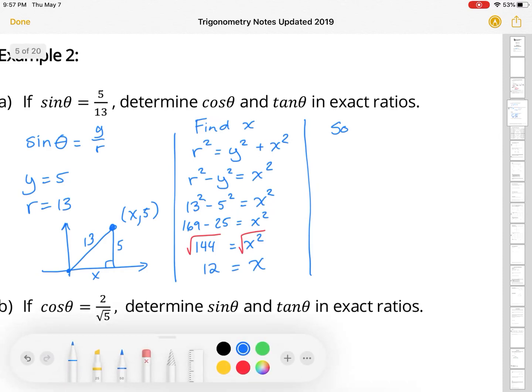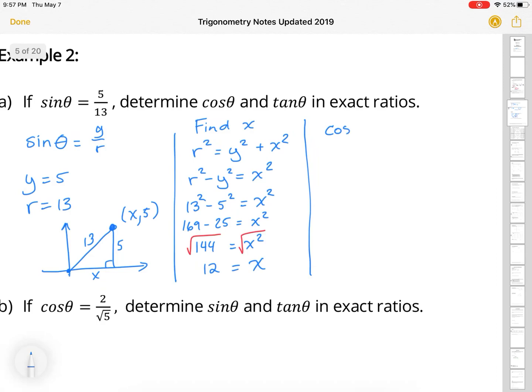Now, if I want to find cos and tan, I just have to substitute in my values for x, y, and r. Cos theta, from our square, is x over r. So x is 12 and r is 13.